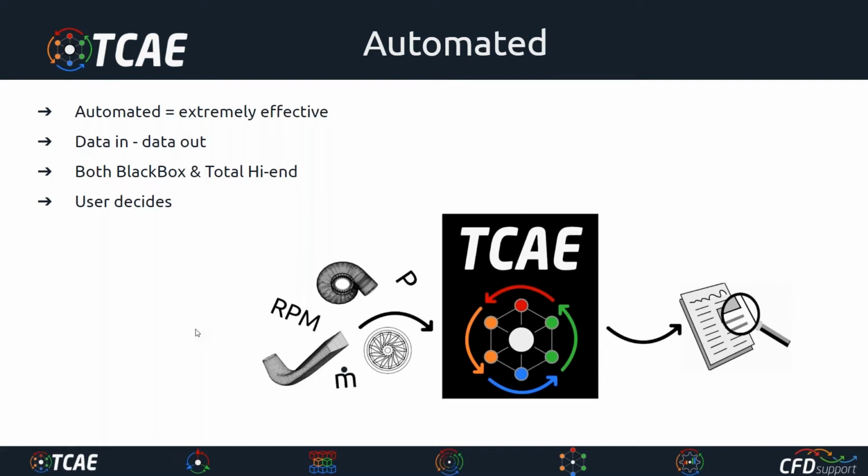TCAE can be used either as a black box, so the user can just put the data in, TCAE does its job, and the user picks the results at the end, or TCAE can be used as a highly sophisticated software where all the options are open. And I would say that the beauty of TCAE is that it's the user who decides how deep to dive into the details, or not at all.